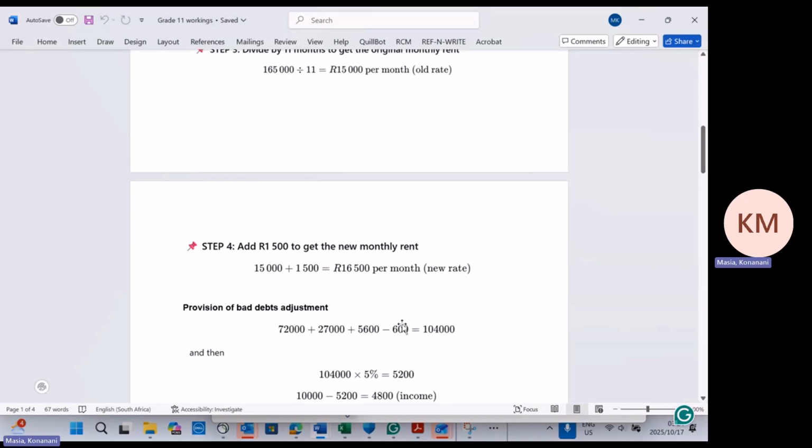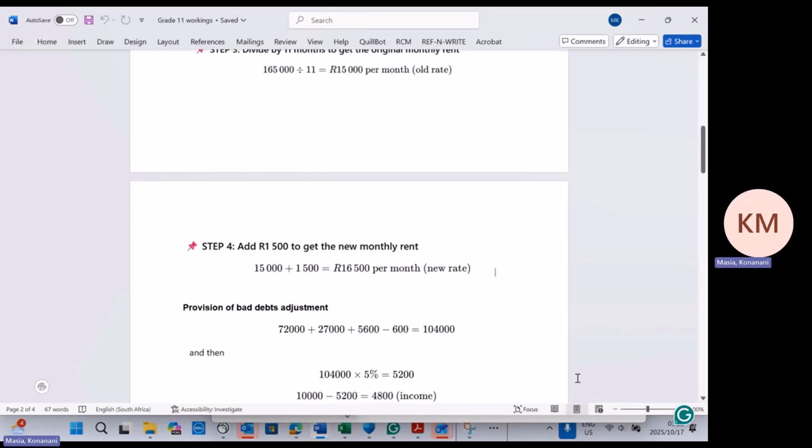There was also the 600, the amount that you are going to recover, of your debtors control, because they said the estate can only pay you 60 cents. But how did I determine that? Remember they only paid 900, but the total you are supposed to say is 900 divided by 60 cents, which gives you 1,500. From there you say 1,500 minus 900. That's how I get my 600.